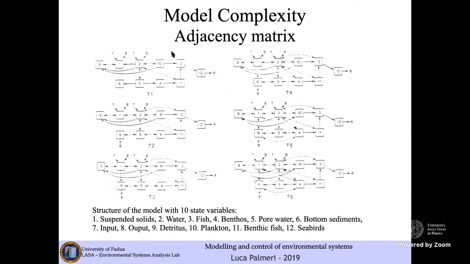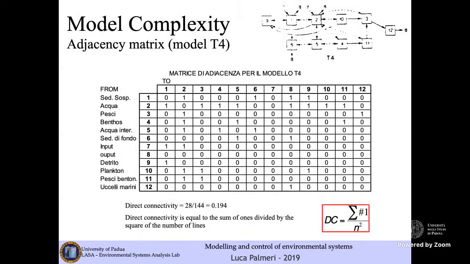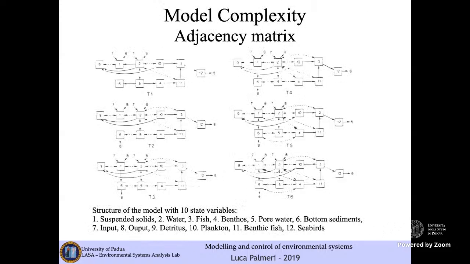So here we have T1, T2, T3, T4, T5, and T6, 6 possible different combinations of boxes and arrows in my model. By these 6 different ways of combining, we may introduce a description by an adjacency matrix that drives us to the definition of model complexity.